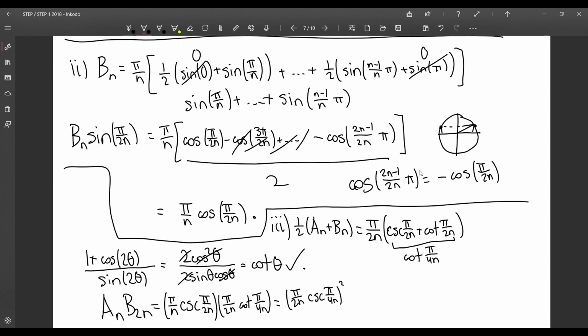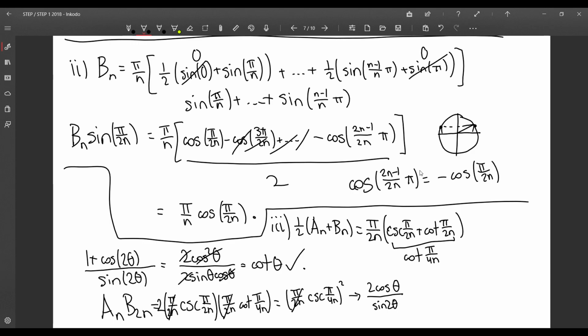So obviously we have these pi over 2n terms we can cancel. We get an extra 2 here. So this is saying that 2 cosine theta, and I'm just going to replace things by theta here, over sine 2 theta.